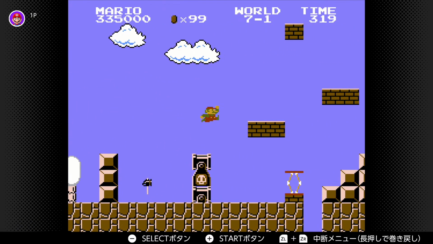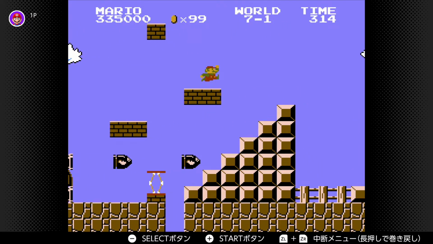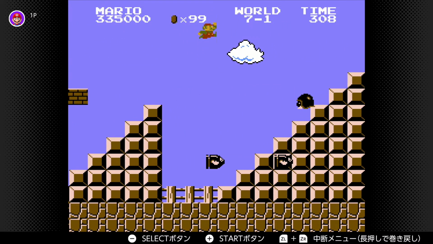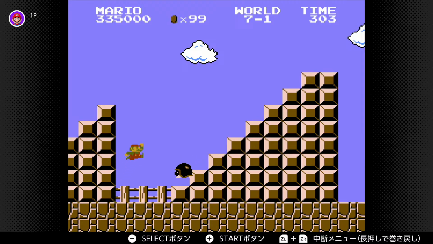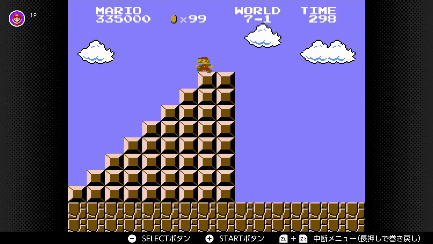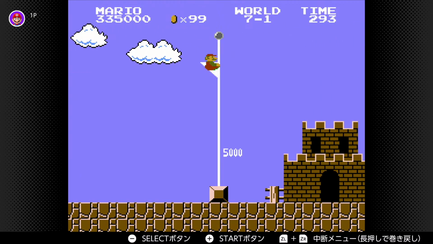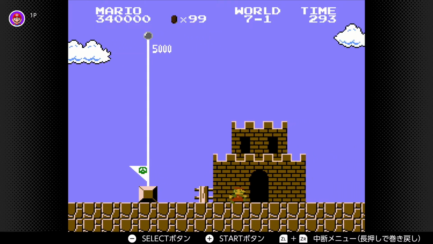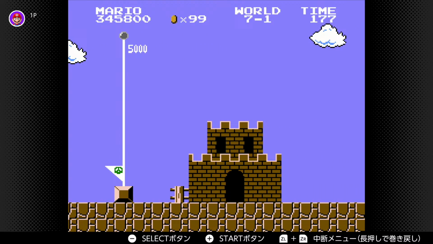Oh wow, seeing also the screen flicker. Okay, wow. Was 7-1 with Hammer Bros that way? Not. You can see the difficulty now. Okay.